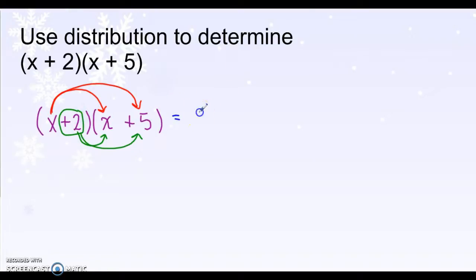So we've got x times x plus x times 5. Then we have 2 times x plus 2 times 5. 2 times the x, 2 times the 5. We're going to simplify these. X times x is x squared.